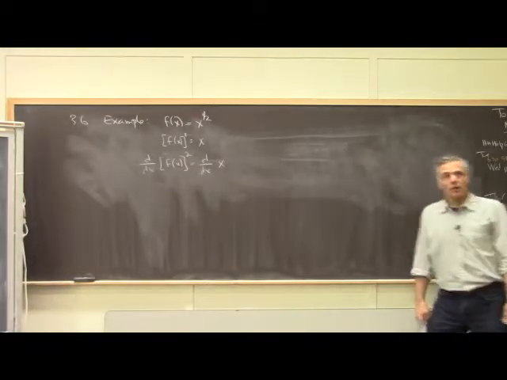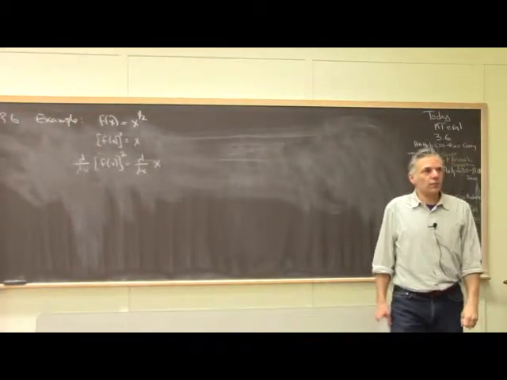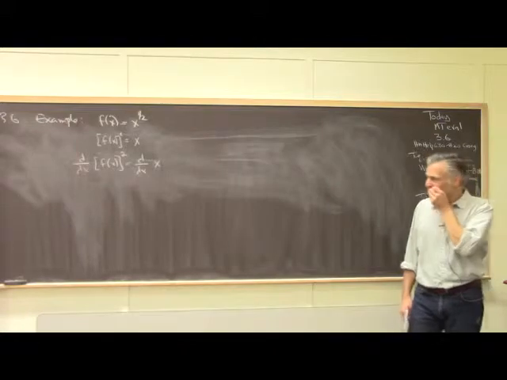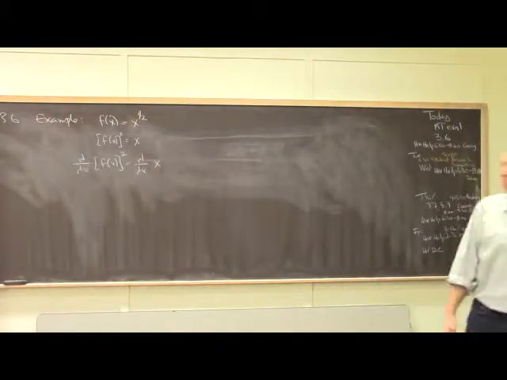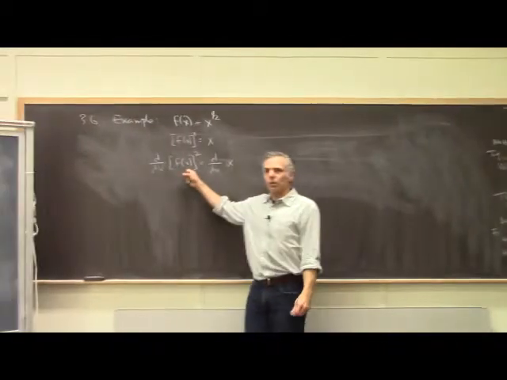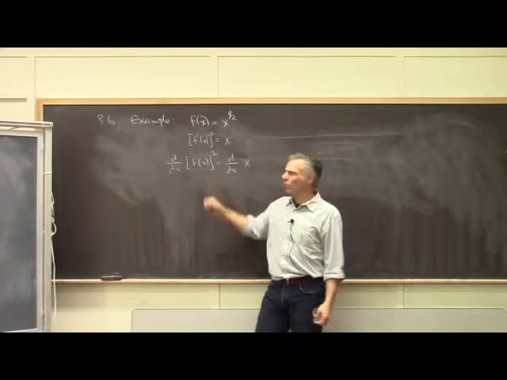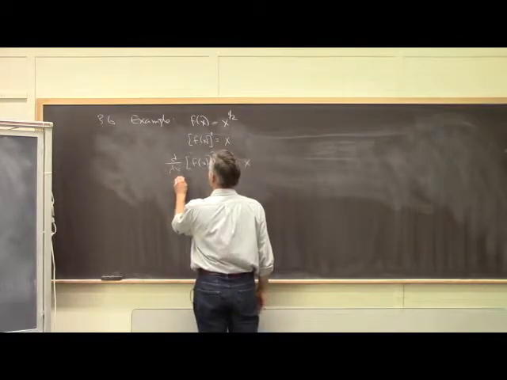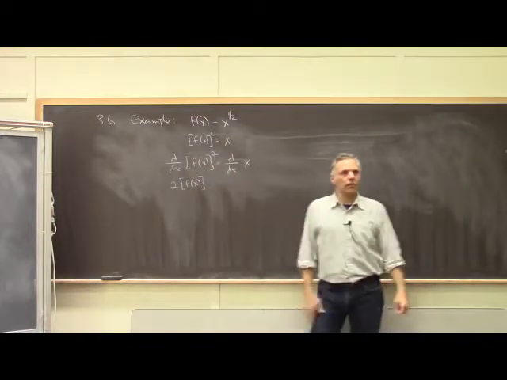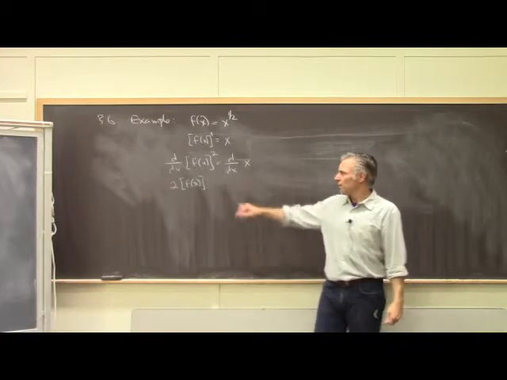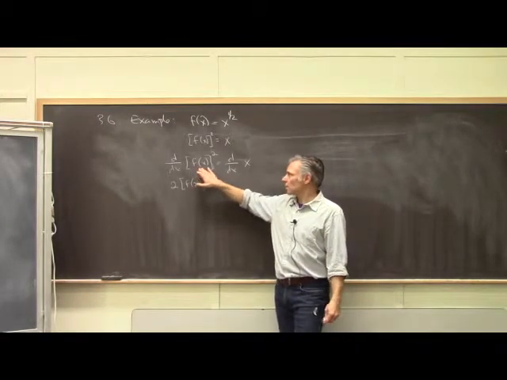On the left-hand side, we'll have to use the chain rule. But hopefully you're pretty good friends with the chain rule by now. So this is the derivative of blah squared. What's the derivative of blah squared? 2 blah. So this thing in square brackets I'm calling blah. That's the inner function. Then I need to multiply that by the derivative of the inner function.